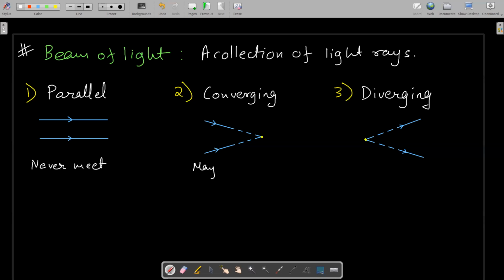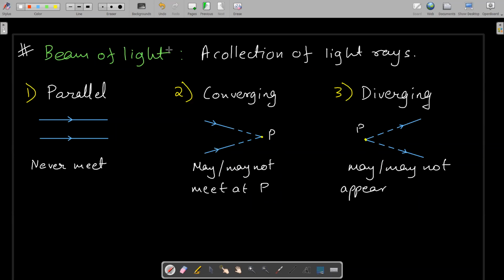They may or may not meet at a point, नाम दे देता हूँ, point P. Now in diverging, they may or may not come from point P. Is this clear to you all?